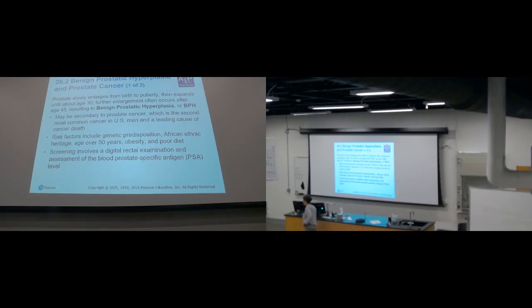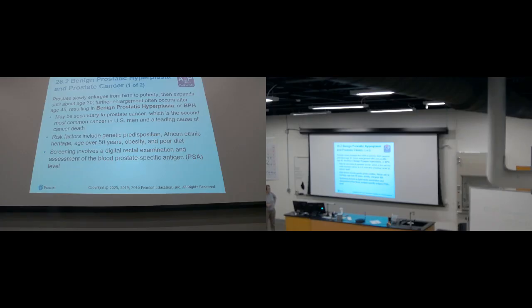Hyperplasia is an increase in cell number, not in cell size. That's not the same as hypertrophy. This is very common, and it can occlude the prostatic urethra and cause problems of urination. So the males will have problems urinating because of an obstruction of the prostatic urethra.